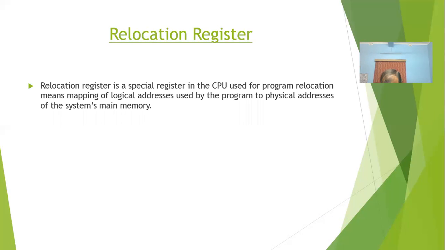Now, there are basically two types of relocation, static or dynamic. So static relocation, what is that? Static relocation takes place at the load time and remains fixed once the program is relocated, while dynamic relocation takes place at runtime.